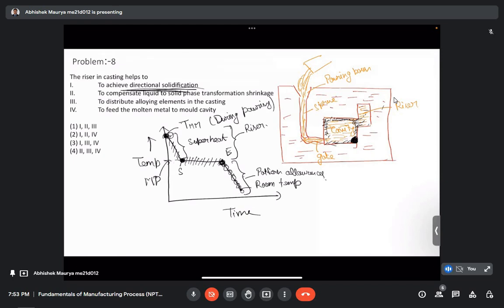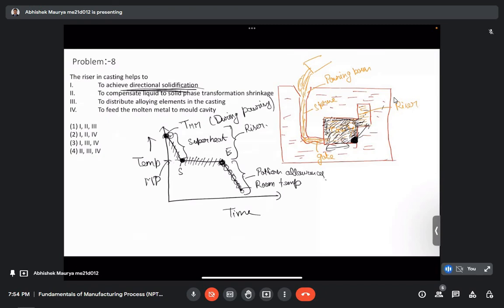This region is away from the riser, as well as away from the in gate. Our aim is that first the molten metal should reach this region, and then solidification should start from here, and slowly the whole metal gets solidified. This process is called directional solidification.